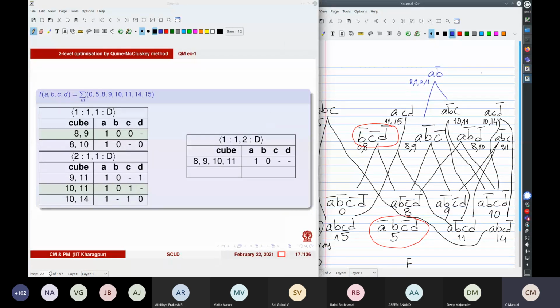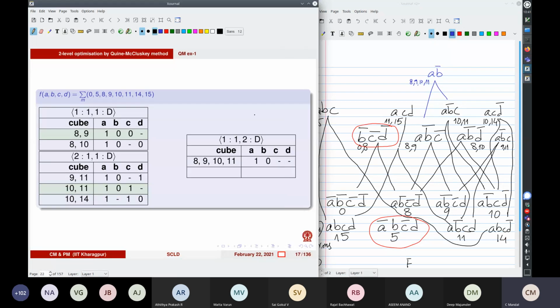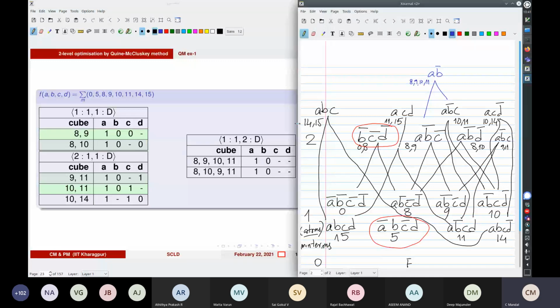And then now look at this, 8, 10, 9, 11. Where is that? 8, 10 and 9, 11.